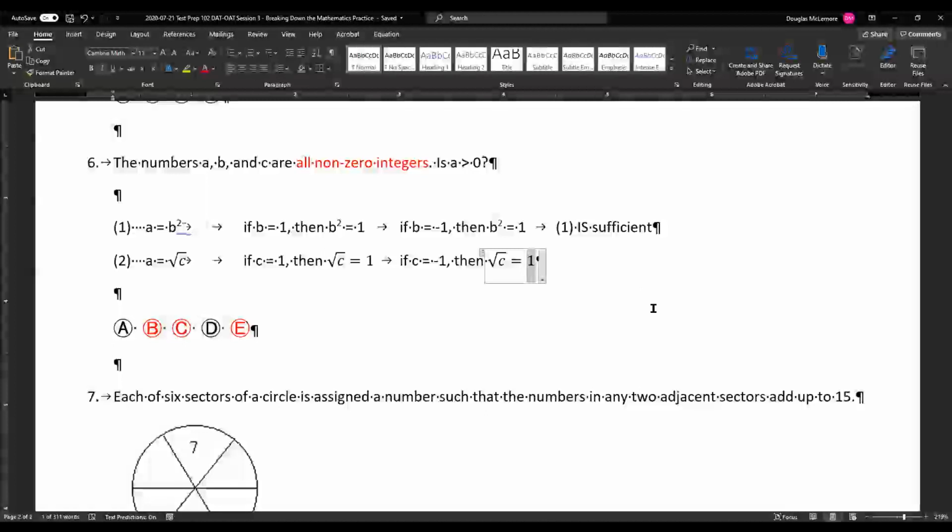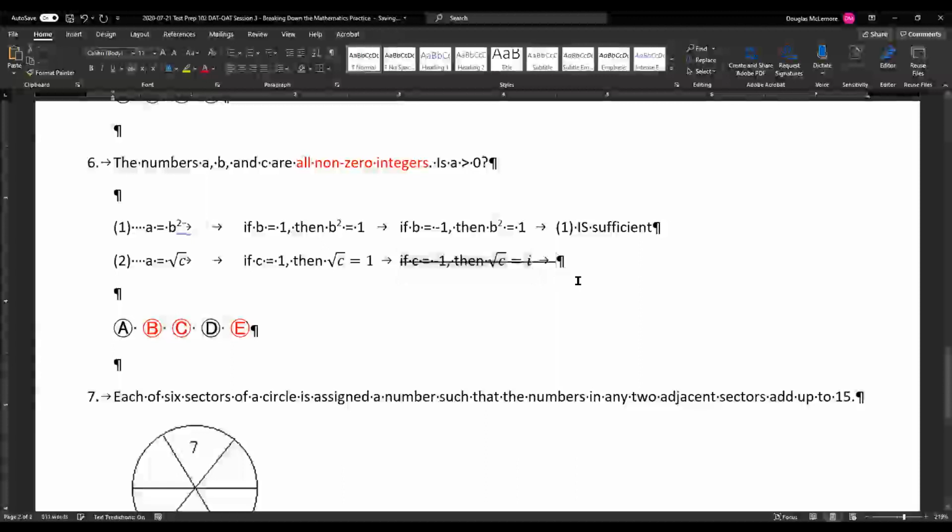What do you get when you do the square root of -1? An imaginary number. So that means A is equal to i. Is that a non-zero integer? No. So it violates the rules.